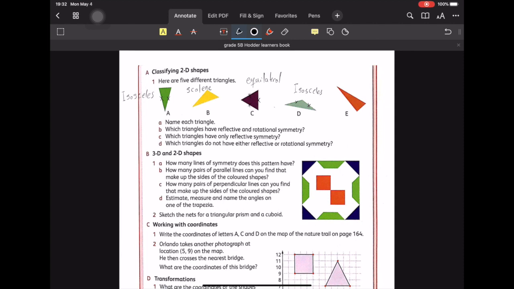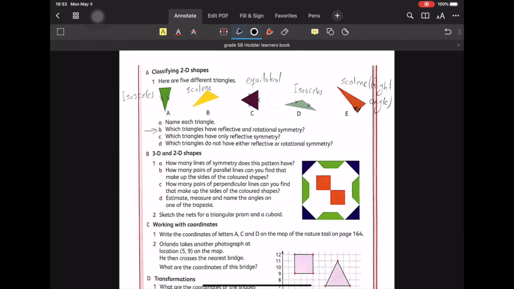But if you look at the inner angle, one of them is a right angle here. Therefore, we're going to have a scalene triangle because of the unequal sides. But it is a very specific condition here, which is a right-angled scalene triangle.